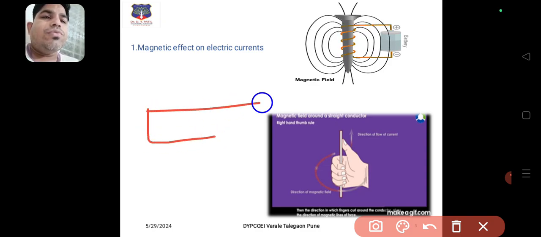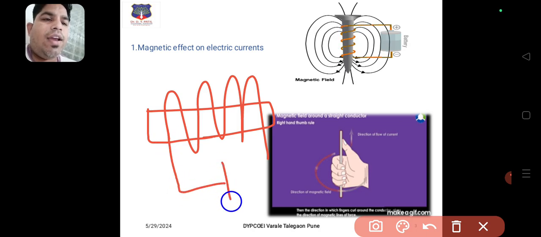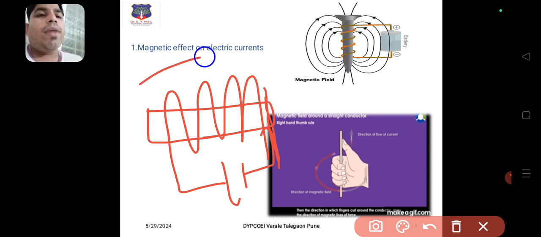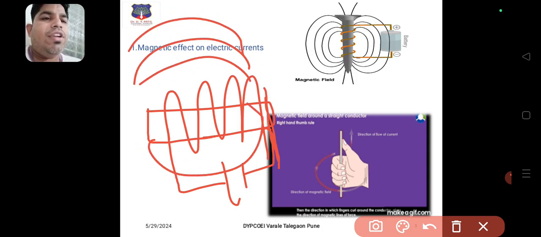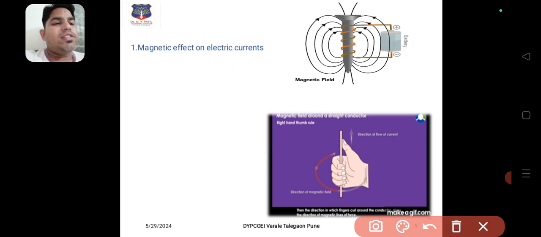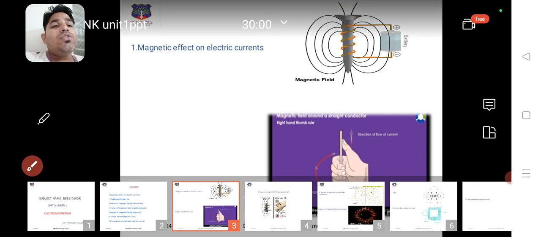Suppose there is a core with a wire wound around it, and we feed the supply, positive and negative. What happens when current passes through it? Magnetic flux is produced and a magnetic field is generated around it. That concept we call the magnetic effect of electric current.